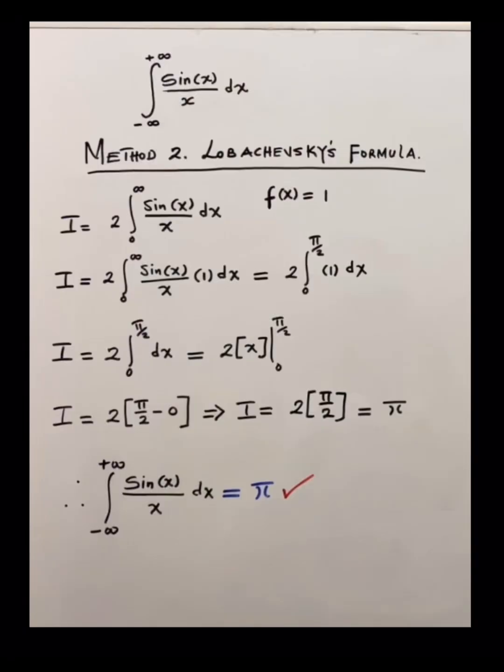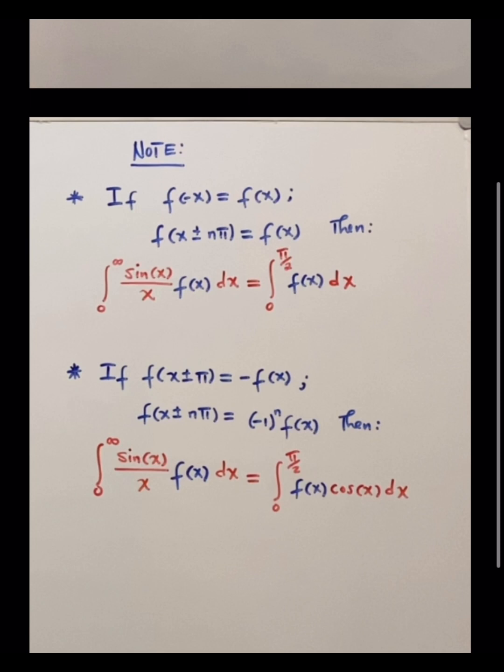Let's look at the last method we decided to use today, which is Lobachevsky's formula. Let's visit the condition given. Now note, if f of minus x is equal to f of x, that is, f of x must be an even function and f of x must be periodic. This is why you see f of x plus or minus n pi should also be equal to f of x.